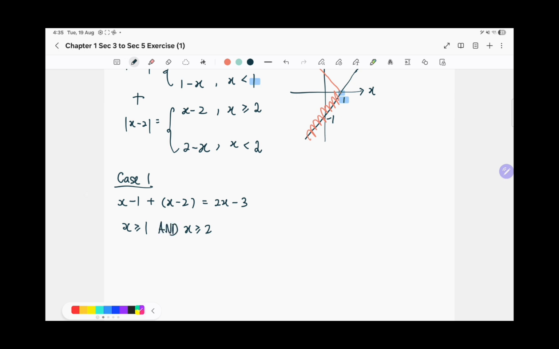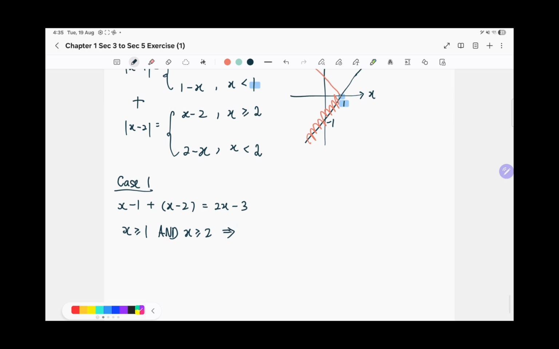So, and. This and this, what is the result? x greater than or equal to 2.